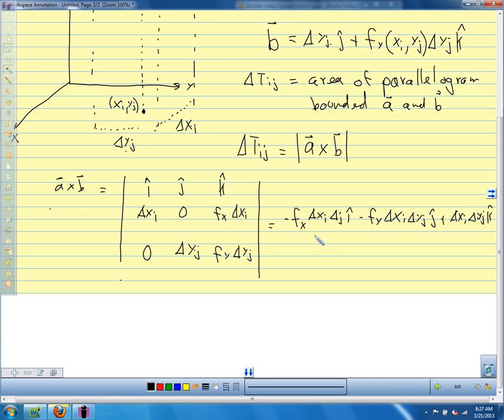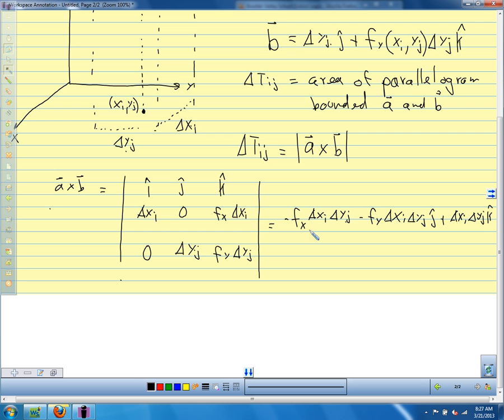Oh yes, this should be a y here. When I do the cross product, I cross out this row and that column, I get a 0 there and a minus there.